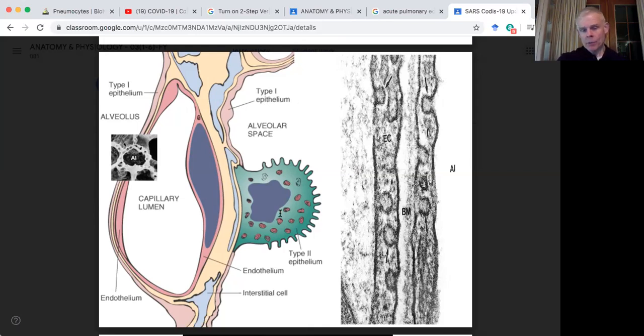Down here, these type 2 pneumocytes have an interesting job. If you've ever taken saran wrap and inadvertently wrinkled it up, and then tried, especially on a warm, humid day, to pull it back apart, we usually end up just throwing it out. Well, we can't do that with our alveoli. They have very thin membranes, very thin walls.